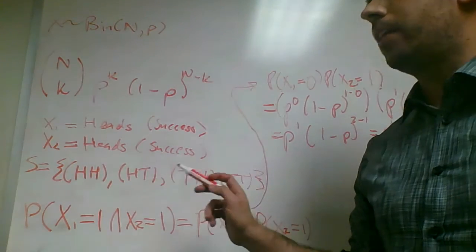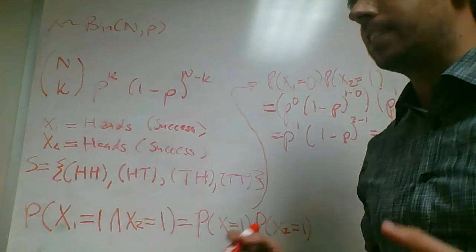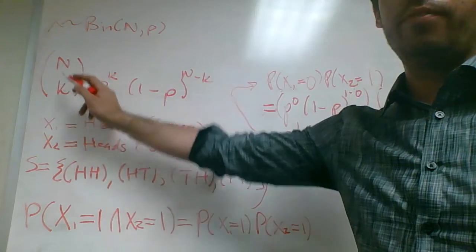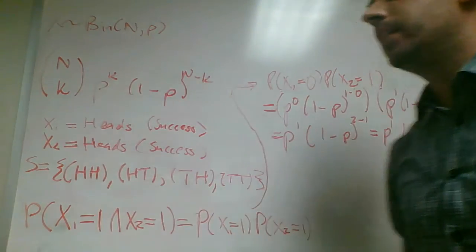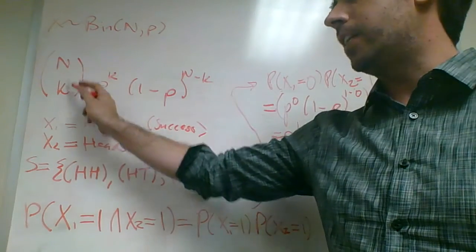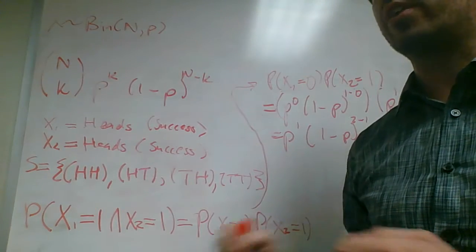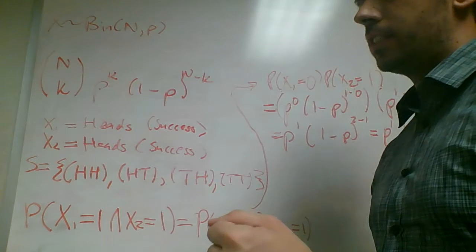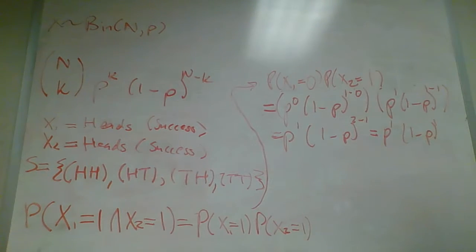If you remember from your previous classes and what Mike said, the power of this n choose k formula is that it tells you all the ways to get one success from two trials, regardless of order, regardless of whether the success comes first or second. It doesn't matter.